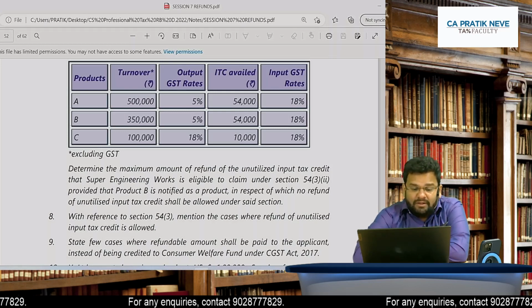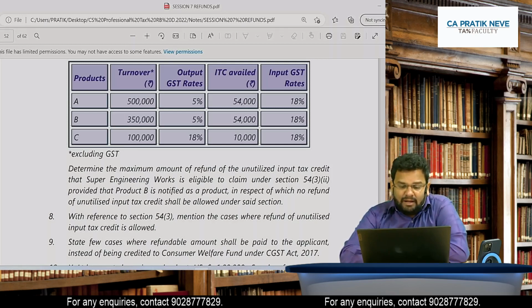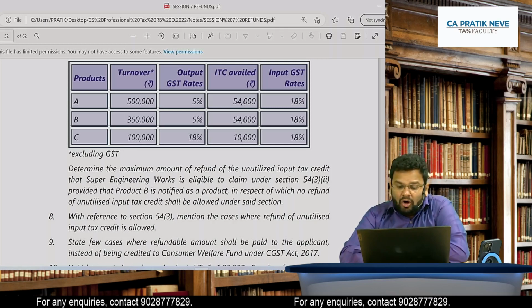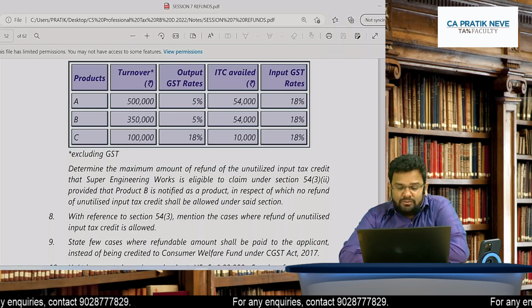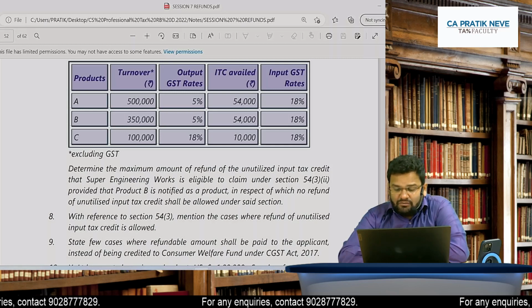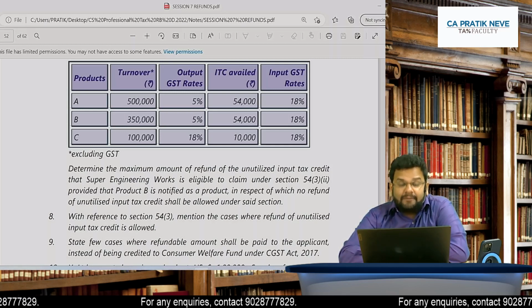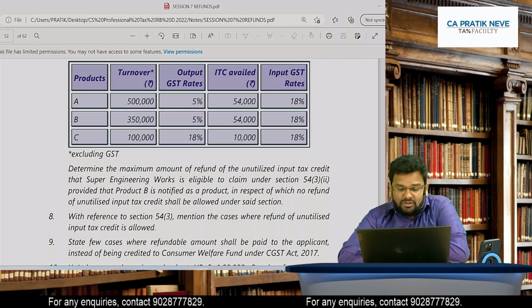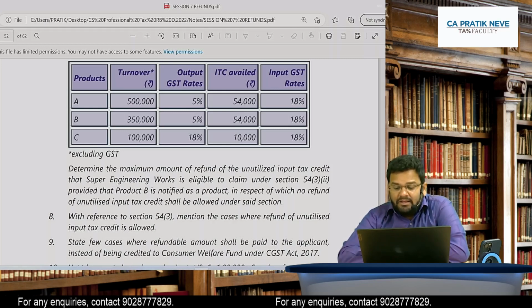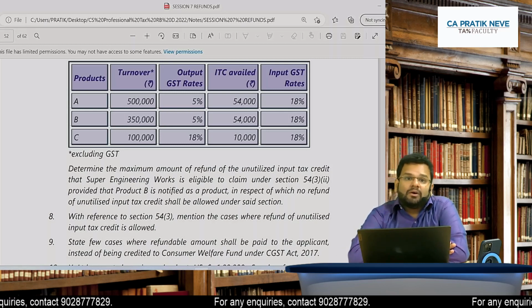See what is given in the paragraph. Determine the maximum amount of refund of unutilized ITC that Super Engineering Works is eligible to claim under section 54 subsection 3 clause 2, provided that product B is notified as a product in respect of which no refund of unutilized ITC shall be allowed.